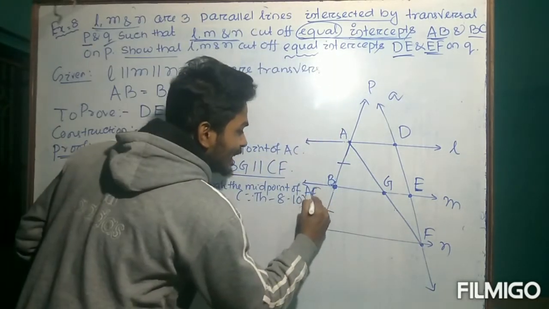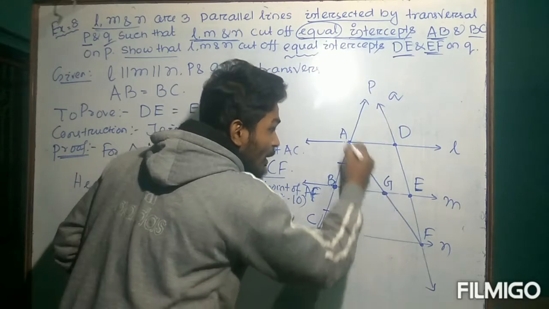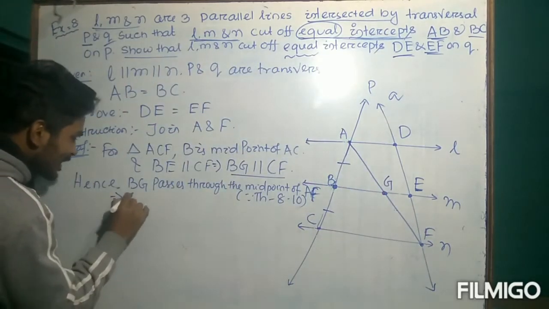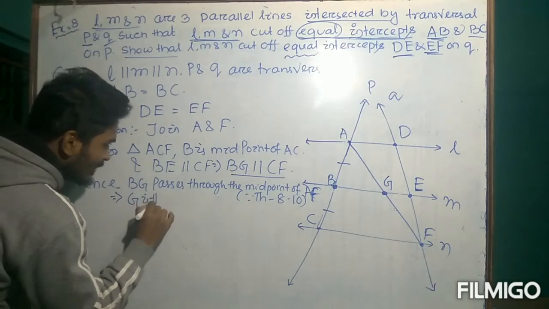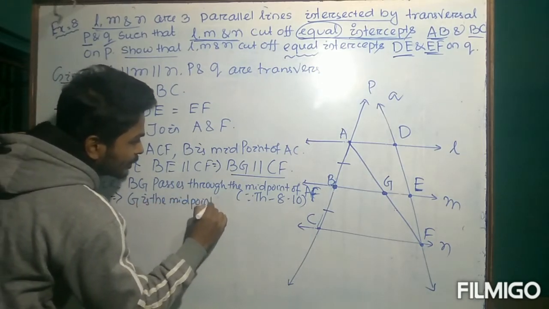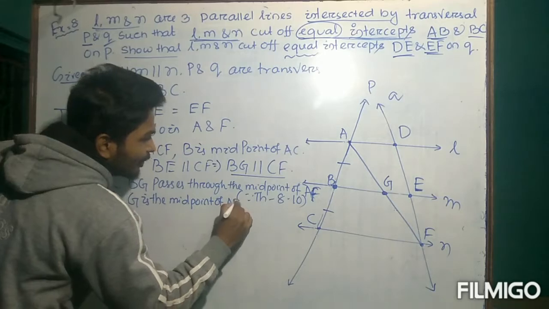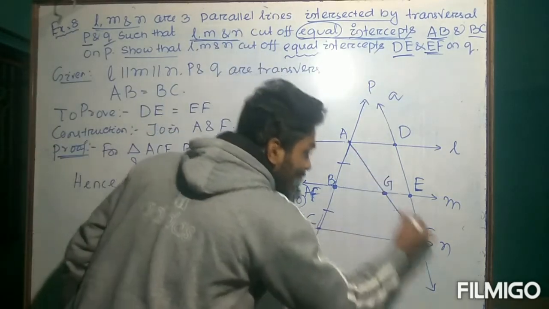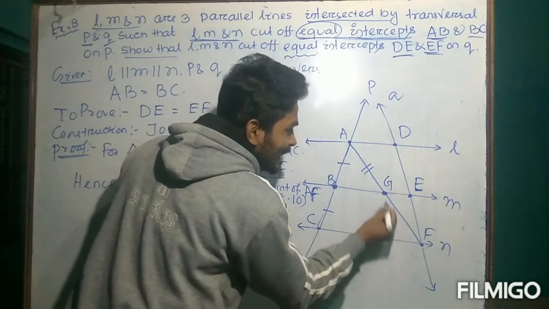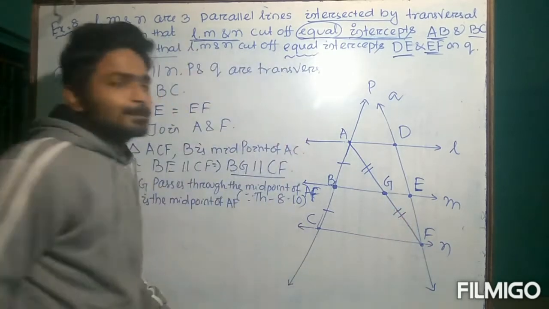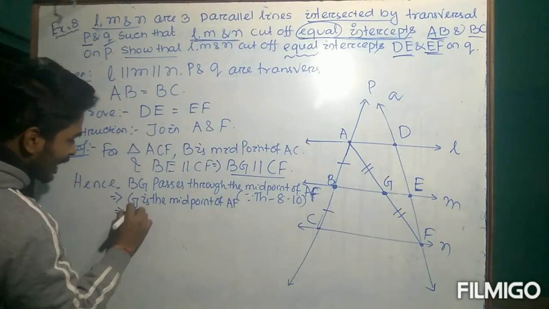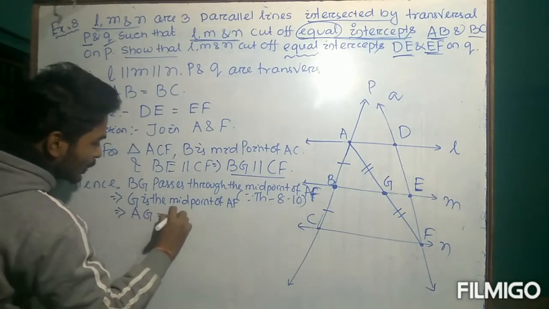It means G is the midpoint of AF. G is the midpoint of AF. It means the distance AG is equal to the distance GF. Is it clear? So implies AG is equal to GF.